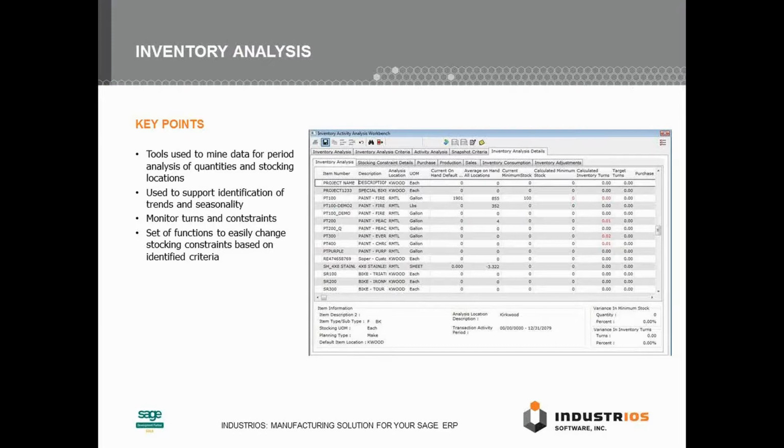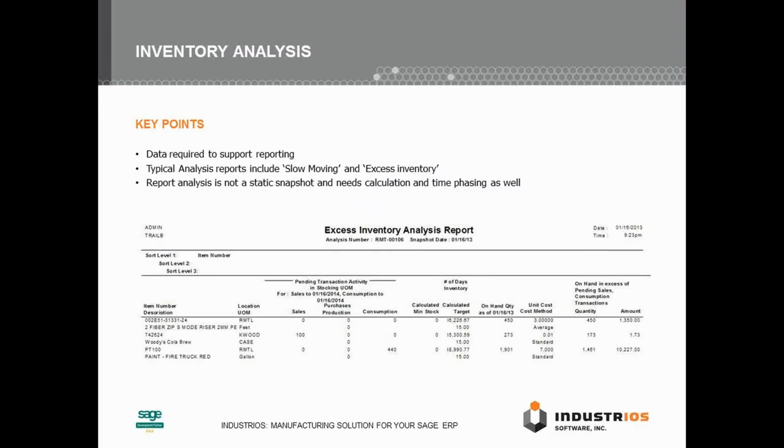The end result of good analysis is good output, and here's an example of a couple of things you really want to see: the trend type analysis, as well as snapshot types where you're looking at slow moving versus excess inventory.